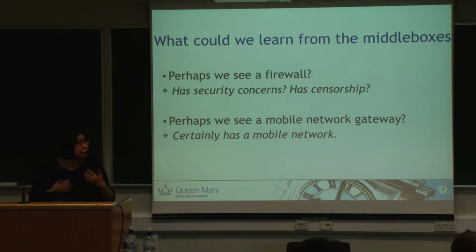And the people who want to learn more about censorship need to detect the behaviors of related middleboxes. And also, middleboxes could tell us some information about the involved networks. If you see a mobile network gateway, you could infer that there may be a mobile network.